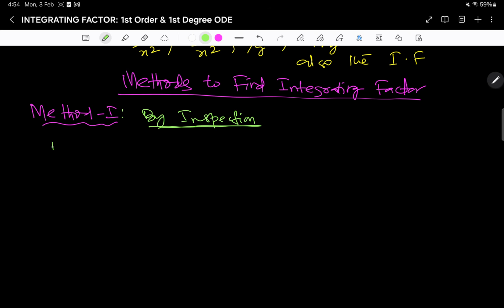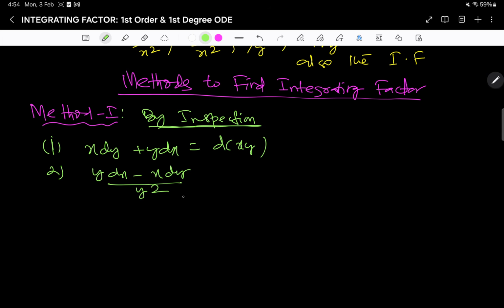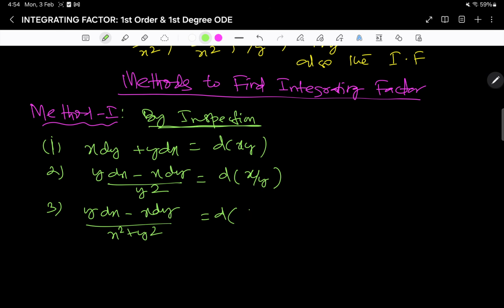For example, x dy plus y dx, is it not d of xy? y dx minus x dy divided by y square, is it not d of x by y? If you are given y dx minus x dy divided by x square plus y square, is it not d of tan inverse y by x?